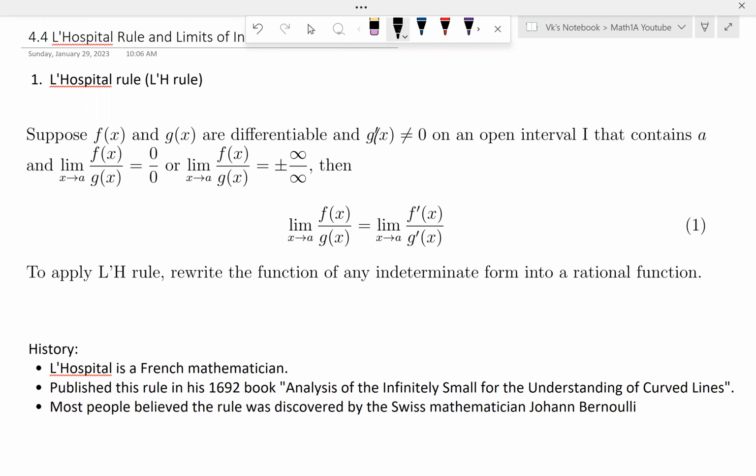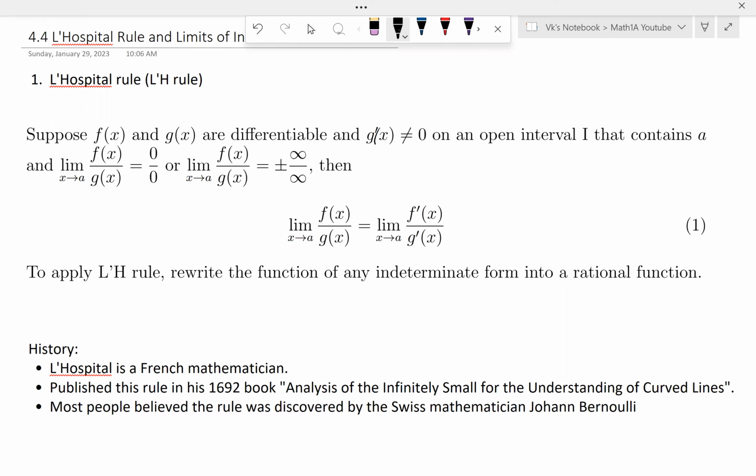A little history on L'Hôpital. L'Hôpital is a French mathematician. He published this rule in his 1692 book, Analysis of the Infinitely Small for the Understanding of Curved Lines. It is the very first differential calculus textbook.